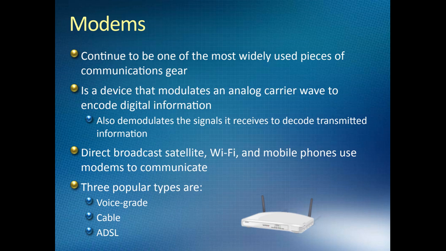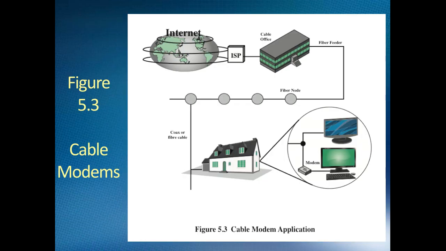We have three popular types of modems: voice grade, cable, ADSL. You know the ADSL, right? Here we have the cable modem. So you have the fiber optic coming from the ISP, the internet service provider. It's coming to their cable office.